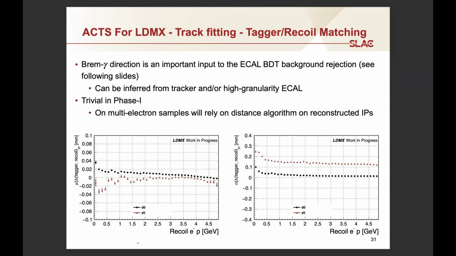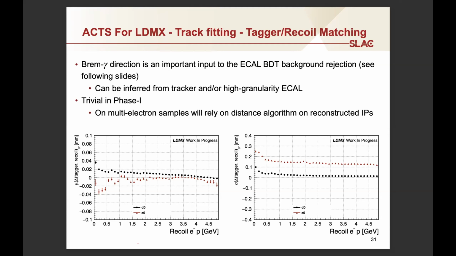The final thing about the tracking workflow is Tagger and recoil matching. You can notice the brem photon direction is an important input to the ECAL BDT, and I'm going to talk a little bit later, very fast, about that. In order to match the target to the recoil, we're going to use a distance in the impact parameters.